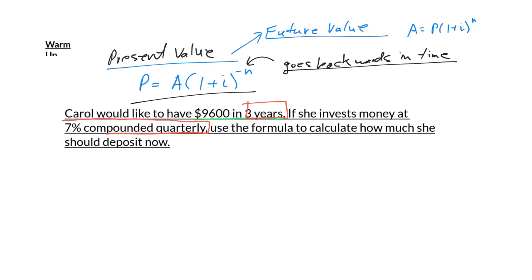So if she invests at 7% compounded quarterly, this compounded quarterly thing means something, right? We need to use the formula to figure out how much she should deposit now, what she actually needs at the beginning.